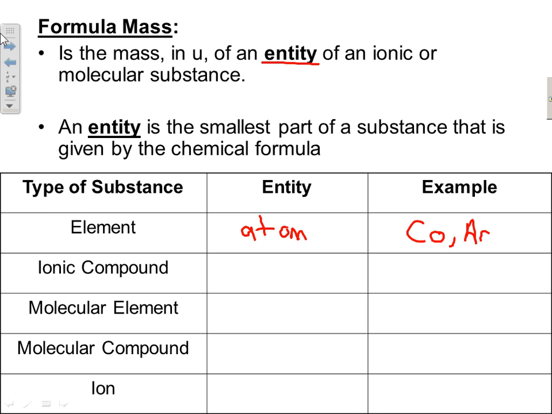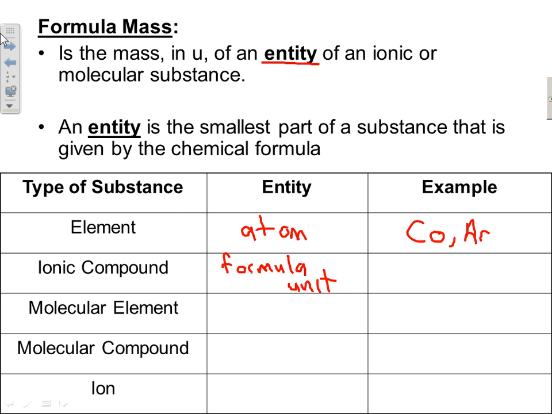If I have an ionic compound, the smallest piece of an ionic compound we called a formula unit. Remember, we had a funny name for it. It's the smallest piece that is the formula. An example of a formula unit for an ionic compound, I'll pick anything that has a metal and a non-metal.